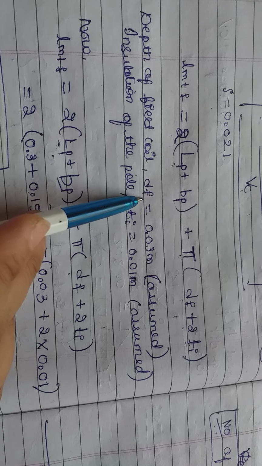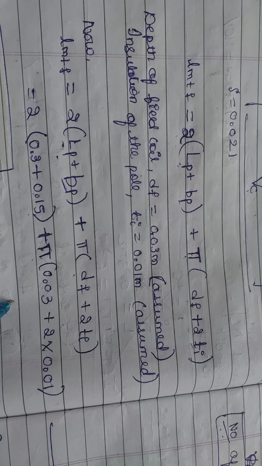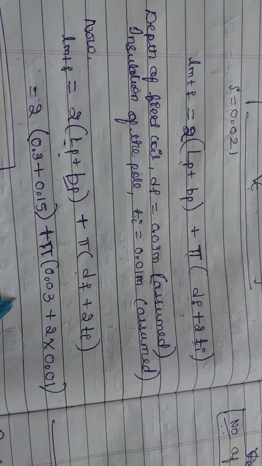Depth of the field coil DF is equal to 0.03 meter. So that has been assumed each and every time. So insulation of the pole, that is TI, it is taken as 0.01 meter. So now after substituting all these values, length of mean turn how much we are getting? We are getting 1.05 meter.